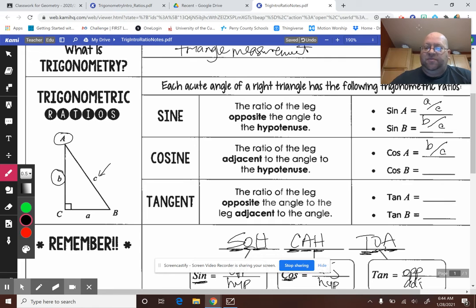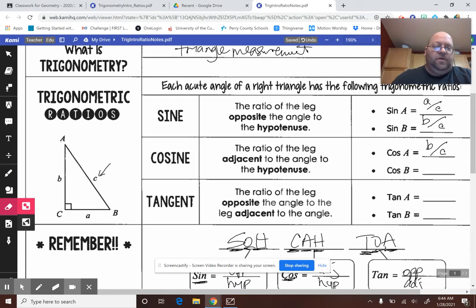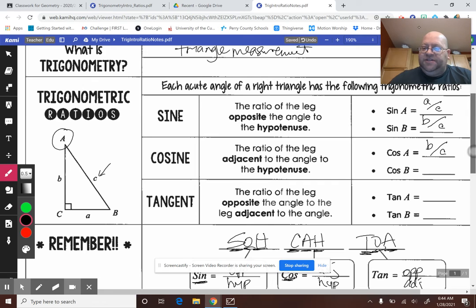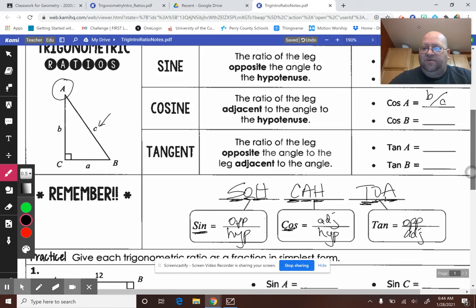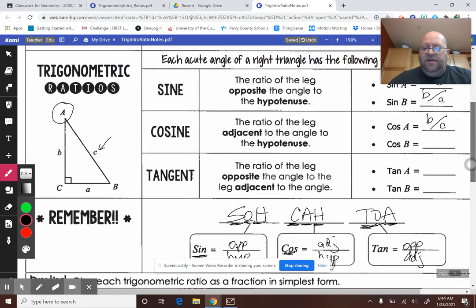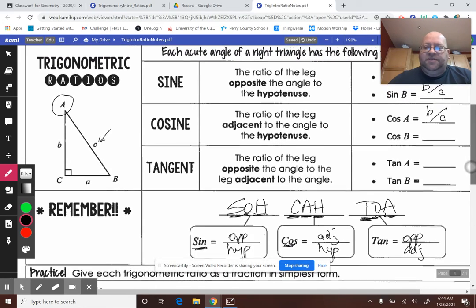Just for the sake of time, I'm going to go down here to tangent, and then we're going to look at a live problem, and I think it'll make a whole lot more sense. So let's go ahead and erase this out. For tangent of A, again, my focus is on A. But tangent is opposite over adjacent. So I'm not really even using the hypotenuse at all when I'm talking about tangent, but it is opposite over adjacent.